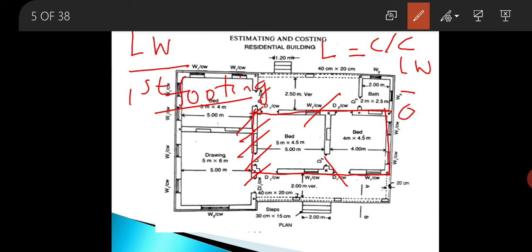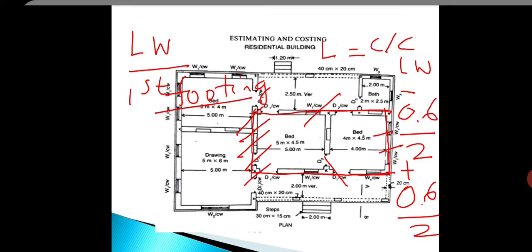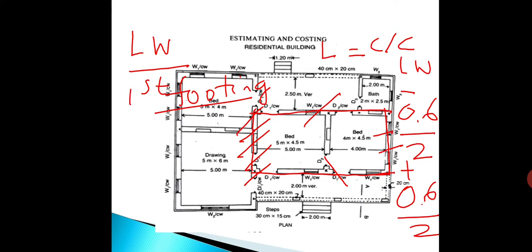So half of the width of the first footing means 0.6 by 2, and we will add half of the width of the first footing for the other side, for this next wall. So, what is the center to center length of the long wall for the second part?